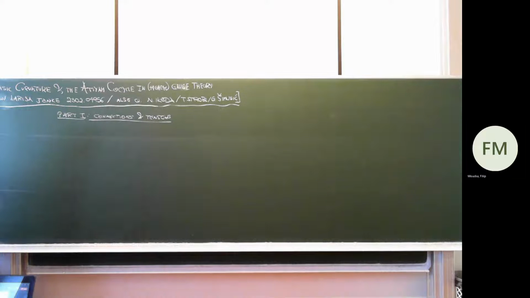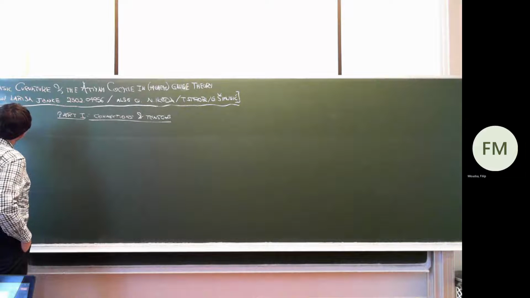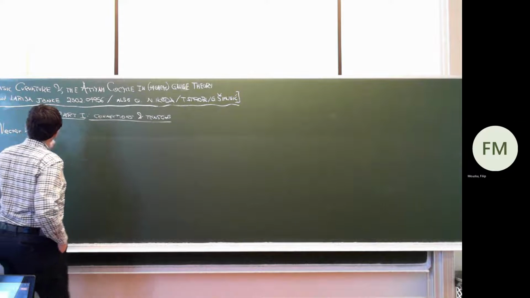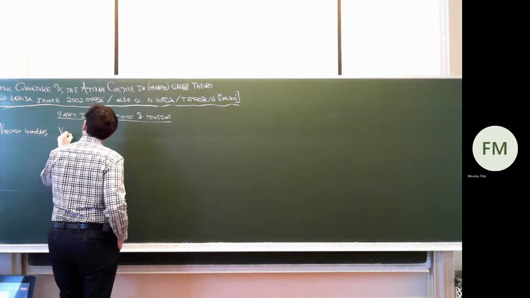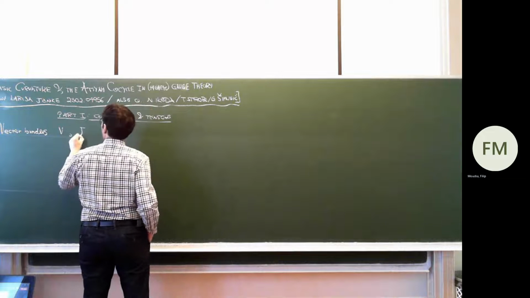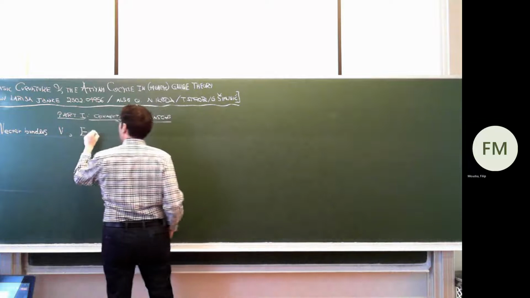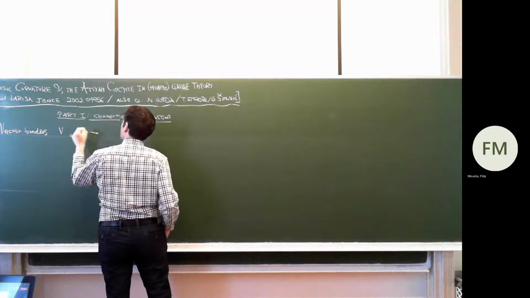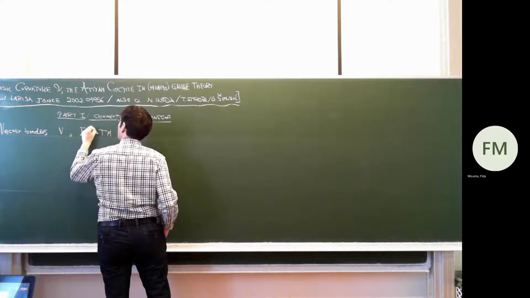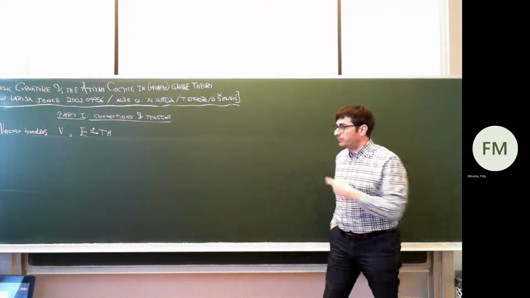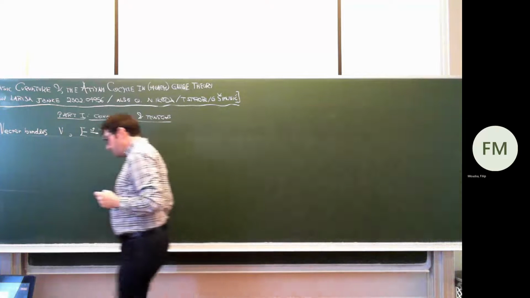Let's start as follows. Let's suppose that we have two vector bundles. One of them I will call V, and the other I will call E. I will also assume that this second one has a map that anchors it to the tangent bundle over the manifold over which it is defined.